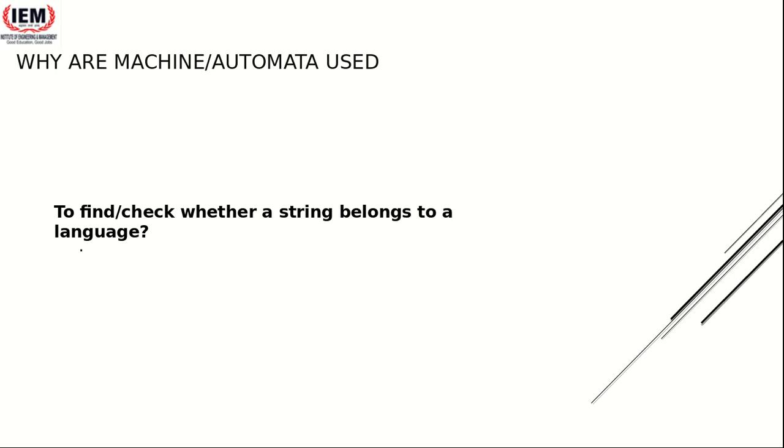So basically, when we get into the details of automata, we will see that we use a machine or automata to check whether a string belongs to a particular language or not. Just like the example I was showing you, that your language consists of xx, xy, yx, and yy.